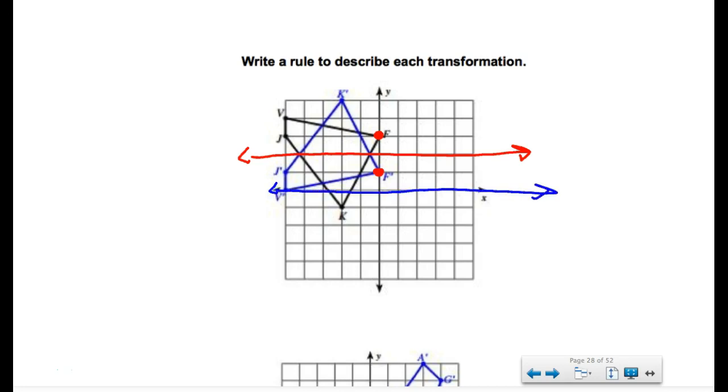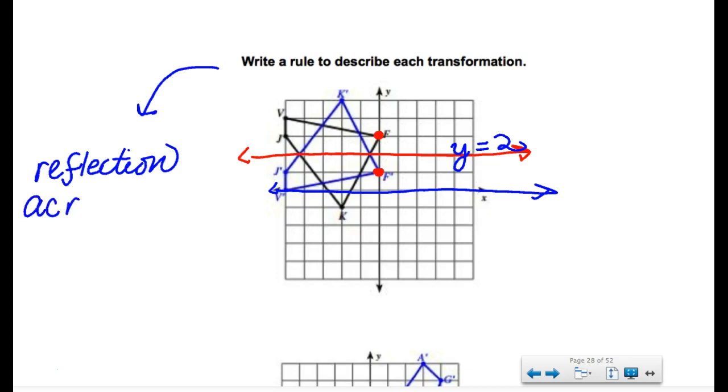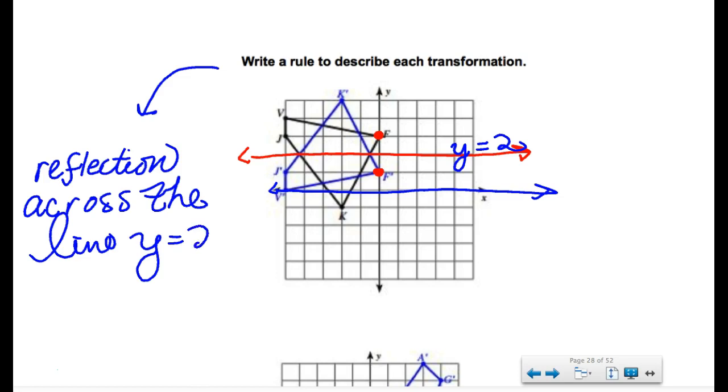And that's up at 2. So that's the line y equals 2. So when I write a rule, I would say that this is a reflection across, about, around, over the line y equals 2. And I'm done.